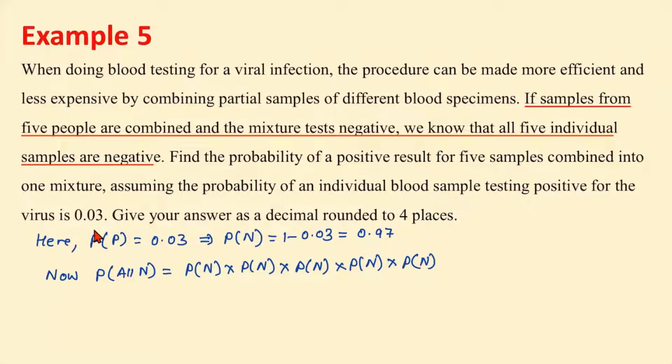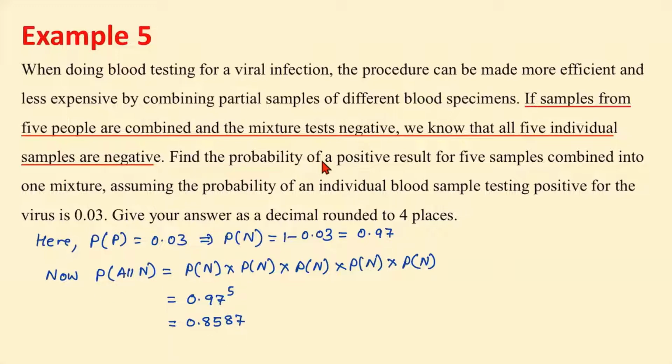We know that the probability that someone is negative is 0.97, and we multiply 0.97 for each, because all means first, second, third, fourth, and fifth, and there is an "and". Doing that 5 times is the same as 0.97 raised to 5, which equals 0.8587. That is the probability that all of them are negative.